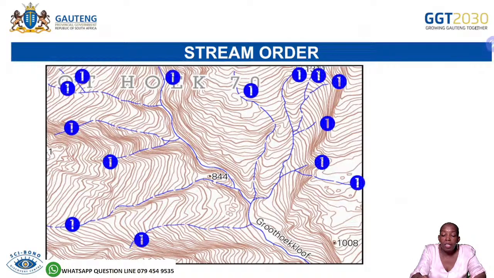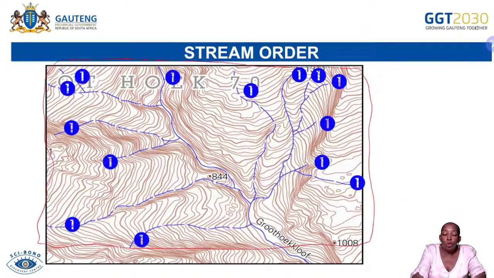So if we have a drainage basin that is indicated in this map extract, for an example, with the stream orders, we identify all the source streams. They are identified as stream order number 1. As you can see from this map extract, all the source streams, or where the river starts to flow, are all indicating stream order number 1.